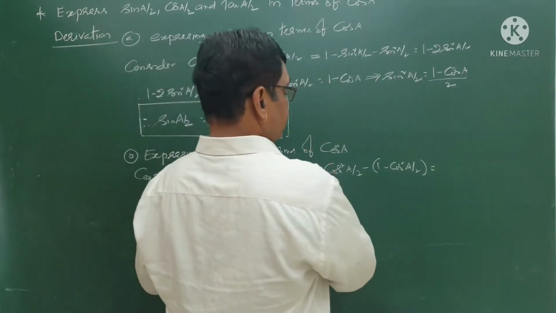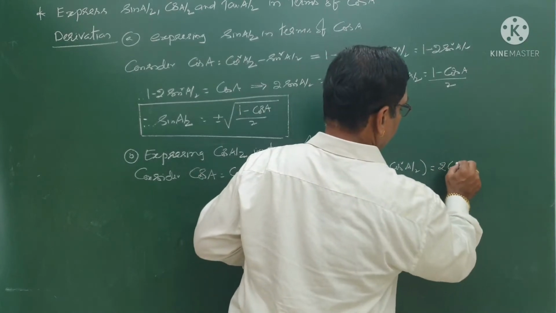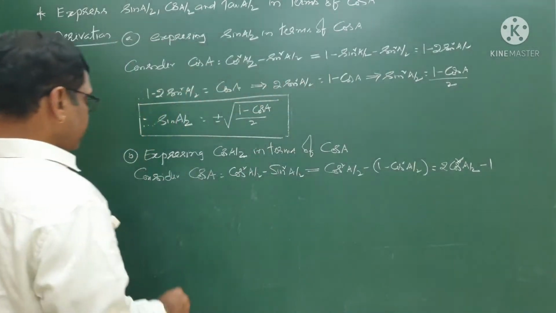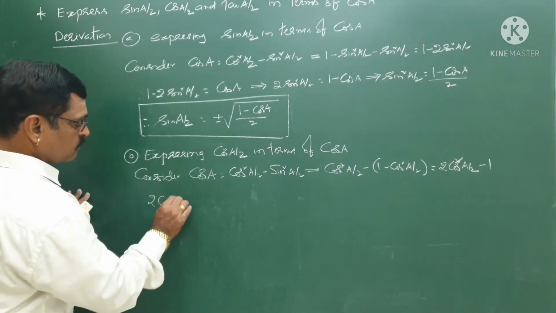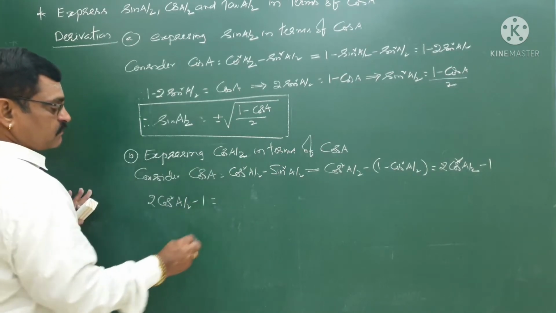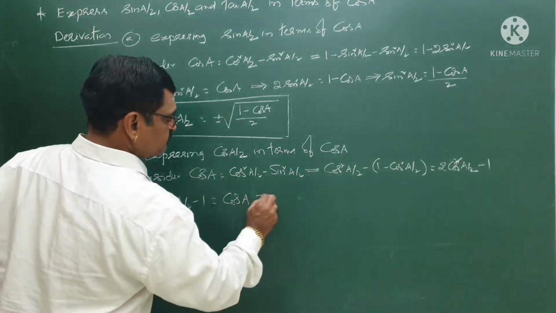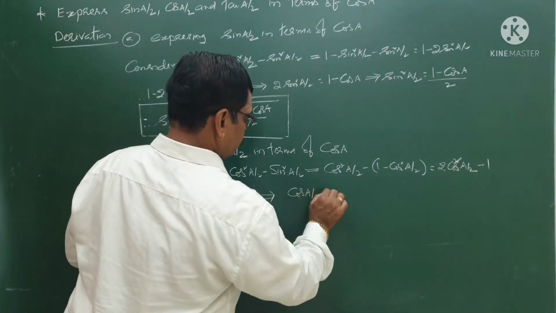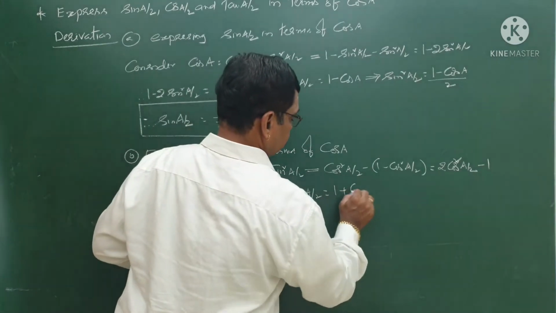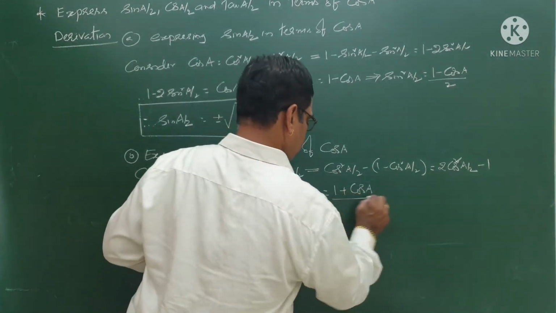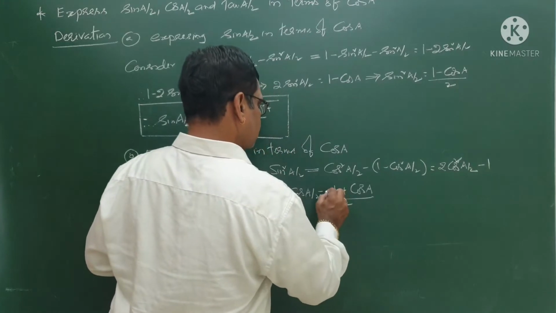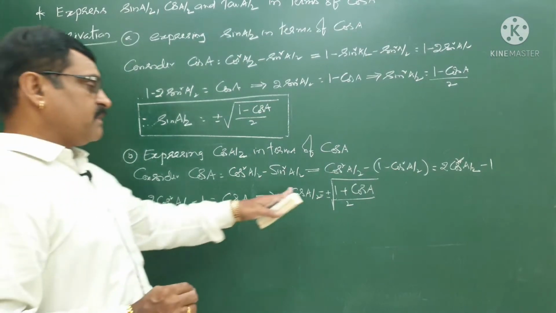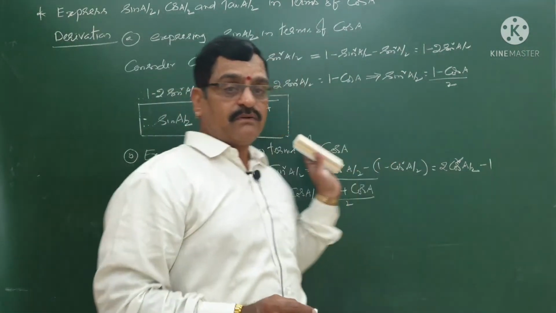So we get 2 cos square A by 2 minus 1 is equal to cos A. This implies, I am skipping some steps, we get cos A by 2 is equal to 1 plus cos A by 2. Of course, here also plus or minus square root. So cos A by 2 is equal to plus or minus root of 1 plus cos A by 2.